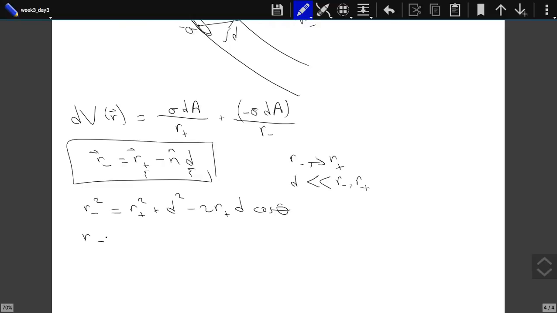And so R minus would be equal to R plus multiplied by (1 plus (D over R plus) squared minus 2 D over R plus cosine theta) to the power 1/2. I just took the R plus out of the square root, R plus squared.